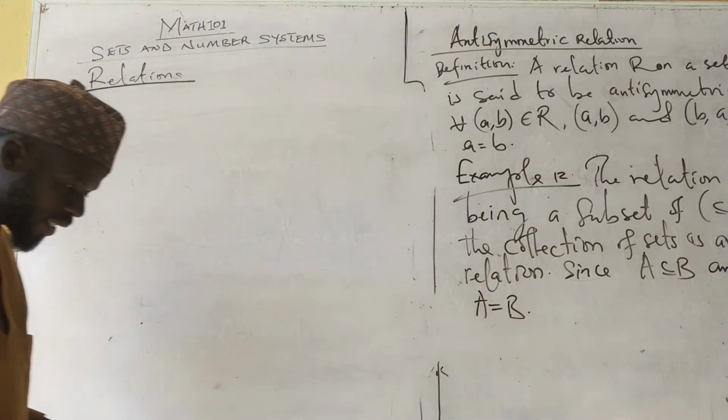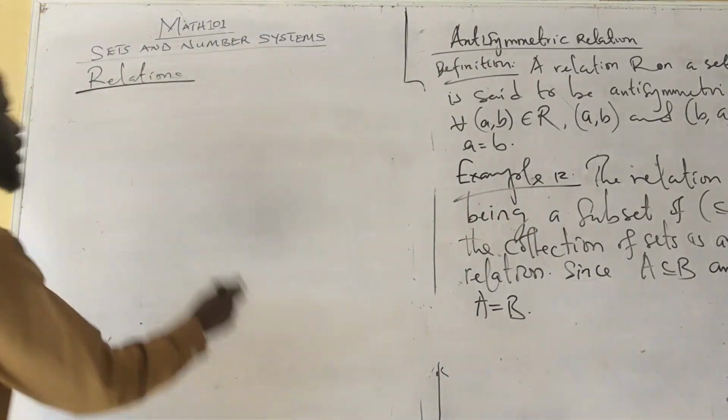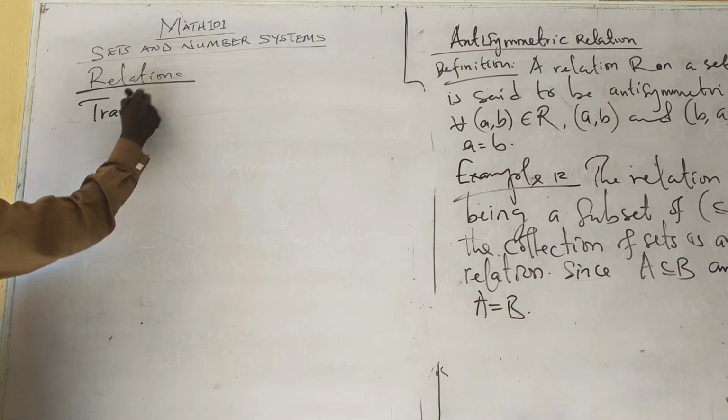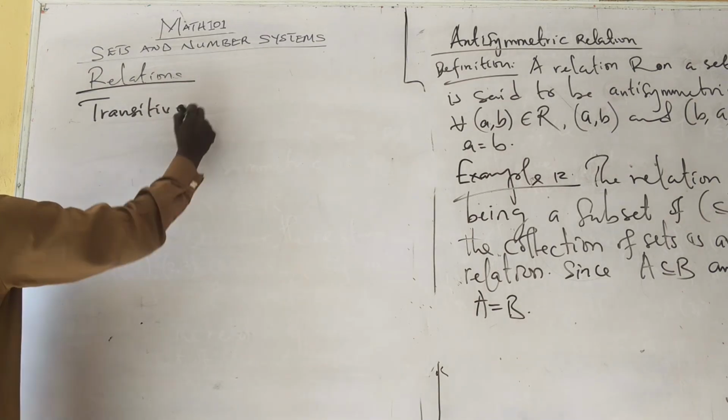We look at the last kind of relation. So we have the transitive relation.